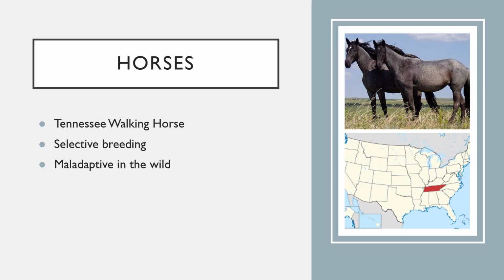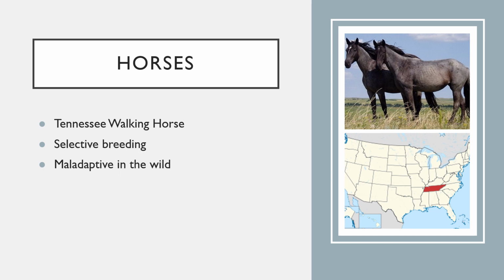Myotonia also occurs in horses. These horses are known as the Tennessee walking horse. They are a favored breed for pleasure riding and show competitions for their smooth gaits and calm temperament, which makes them suitable for plantation work and leisure riding, which is why they are selectively bred.